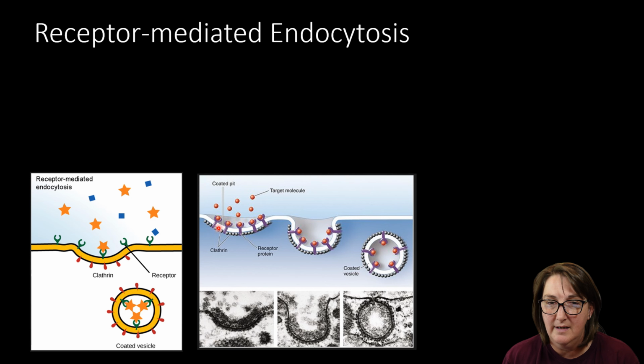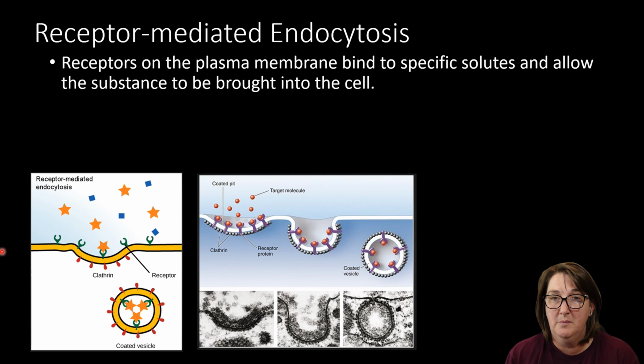So here you can see these little receptors. They're going to come in, they're going to have a very specific solute, very specific molecule. It's going to fold when I have enough, and it's going to pinch off and go. And here you can actually see one kind of doing that with an electron microscope. So these are going to be receptors on the plasma membrane.